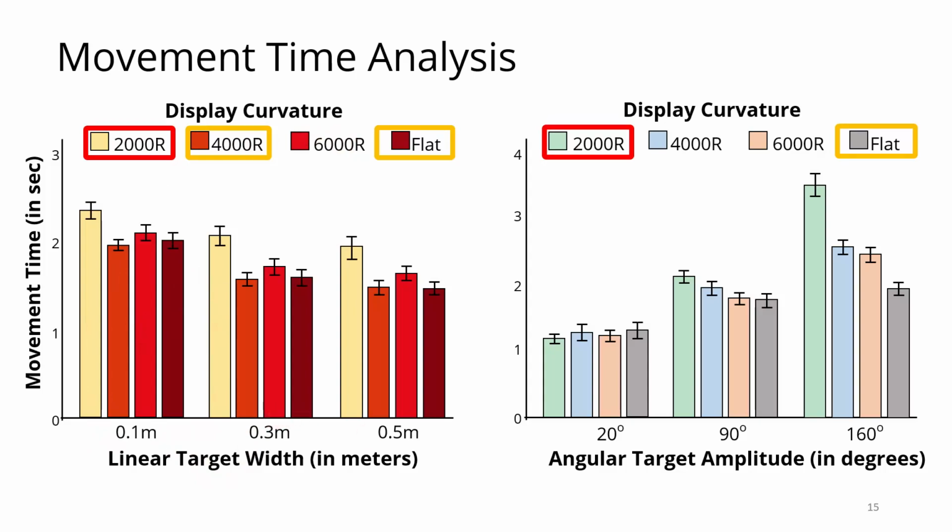And flat is significantly faster than the 2000R and the 4000R for the angular condition. So overall, we can say that the less curved the displays are, the higher the performance they have for both linear and angular condition, as the 2000R display performed the worst.